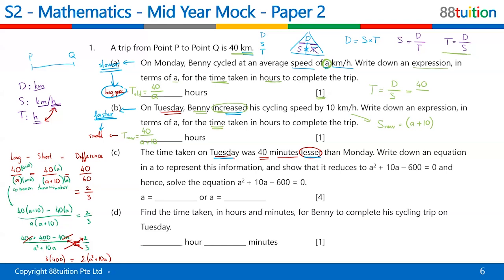Okay. Continue to expand this one out. So if I expand, I will write this side first, because it has more terms. I will write 2A squared plus 20A. On the other side, this number will be 1,200.